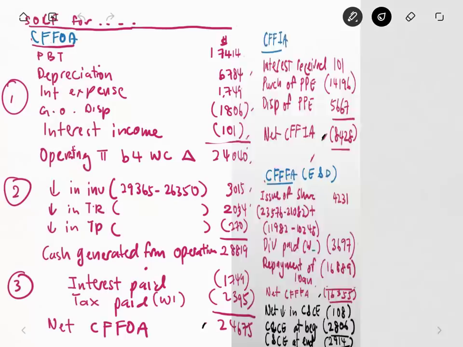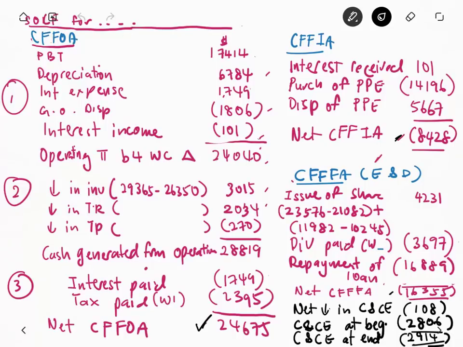The money comes from operation, 24. Then where did all the money go when I have negative 108? I use some of the money for investing. You can see from here, I buy PPE. It can be because I expand my business, or my PPE is already old and I replace it with a new one.